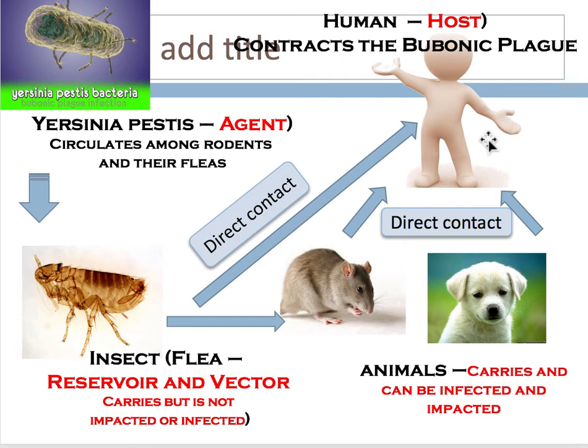A vector is an organism which transmits infection by conveying the pathogen from one host to another without causing disease in itself, and it may be part of the infectious disease process. A classic example of a vector is the anopheles mosquito.